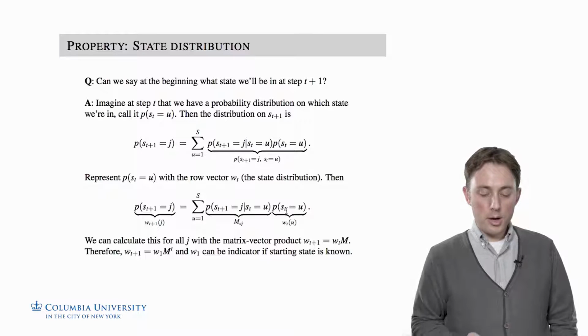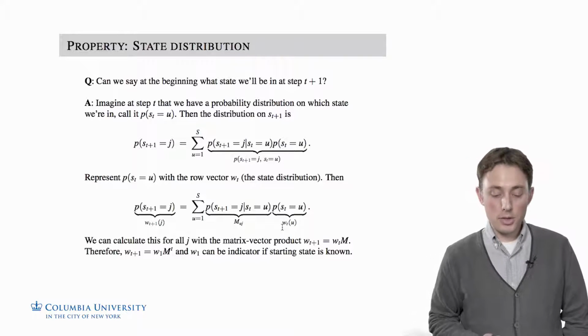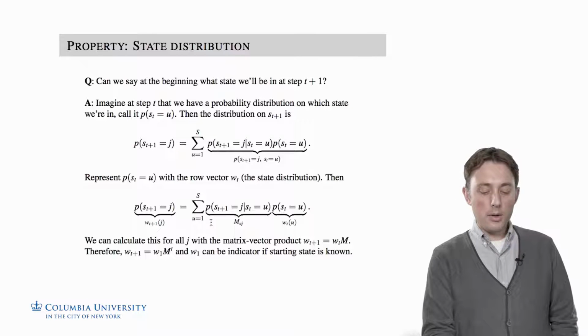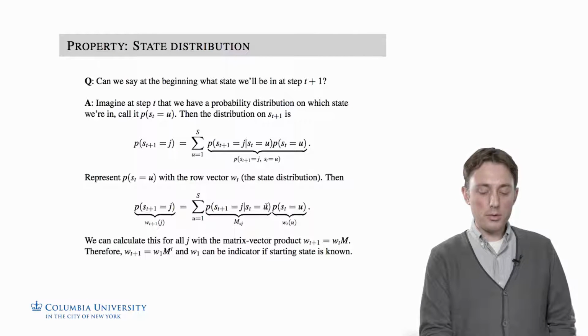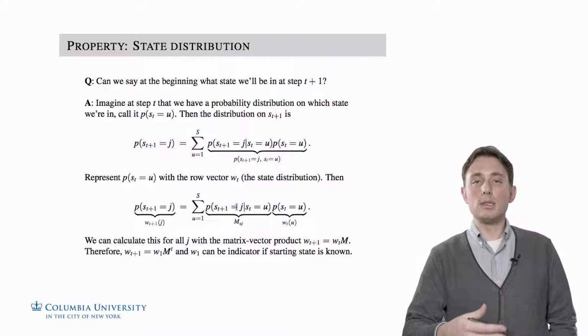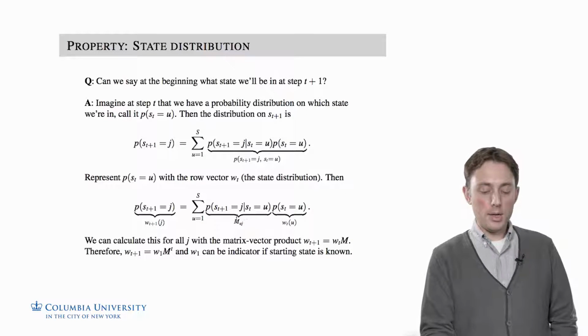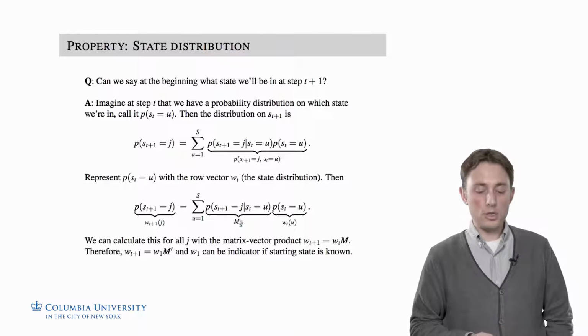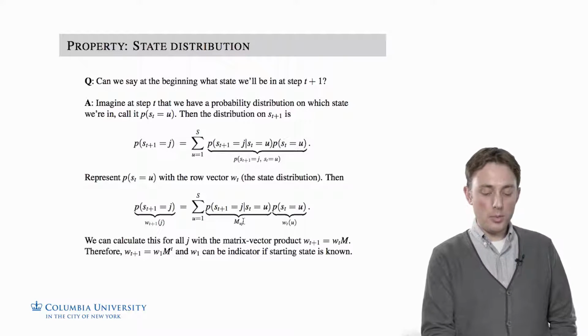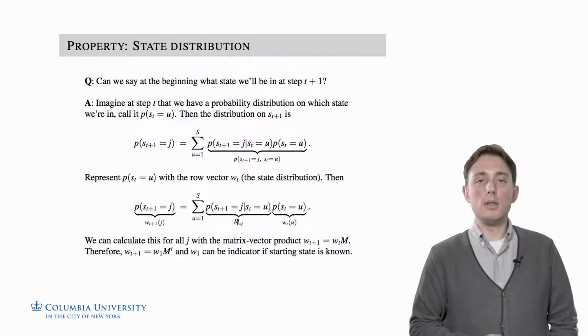This prior probability is the vector w_t evaluated at dimension u. And this probability of transitioning from state u to state j, because we're assuming the probability is not changing with time, is simply the ujth element in the Markov transition matrix M. We can read it off by looking at the uth row and the jth column of the matrix M.